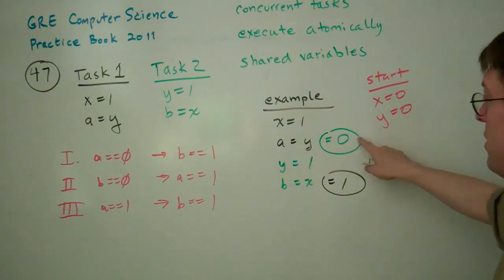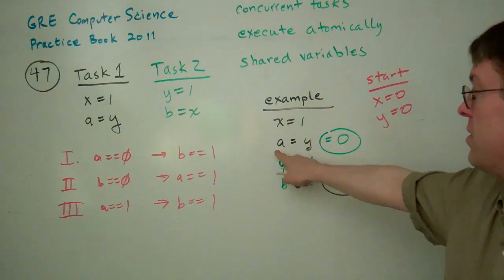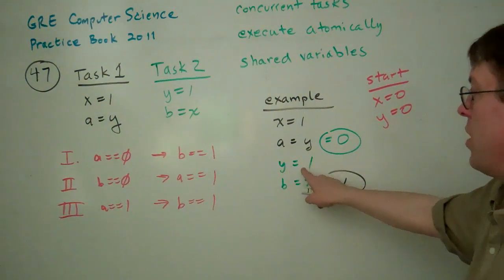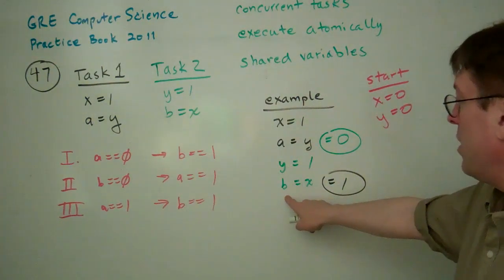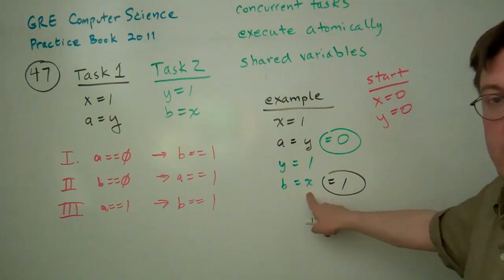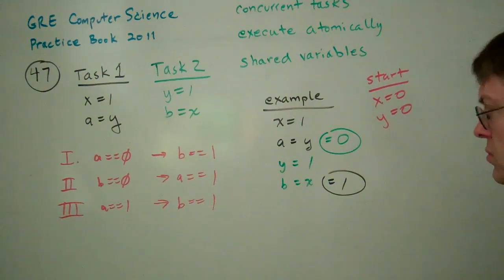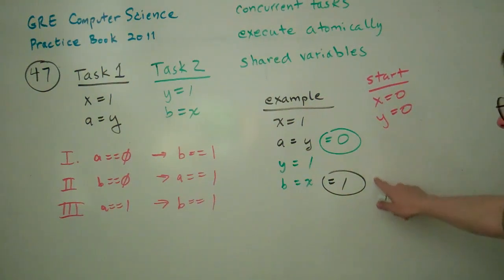Now y is 0, and y has not been updated yet, so a is getting set to 0. Now the second part would be y equals 1, so y is assigned 1, and then x is assigned to b. x is now 1 from up here. So the point is that a is 0 and b is 1.